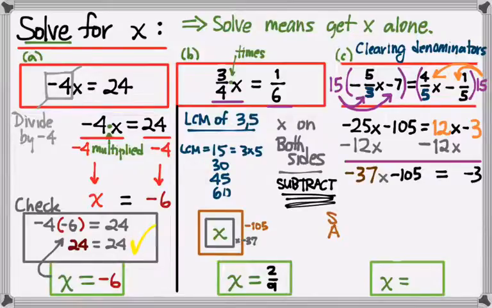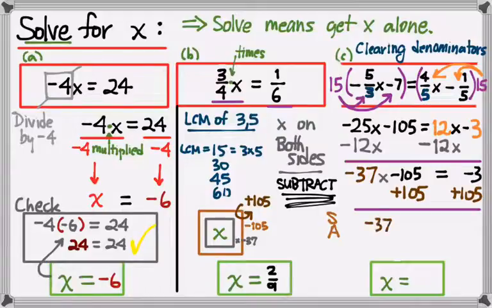How do I undo subtraction by 105? Add, exactly. So I'm going to unwrap this box by adding 105, on the left side and on the right side. So negative 37x, and on the right, 105 minus 3 is 102.